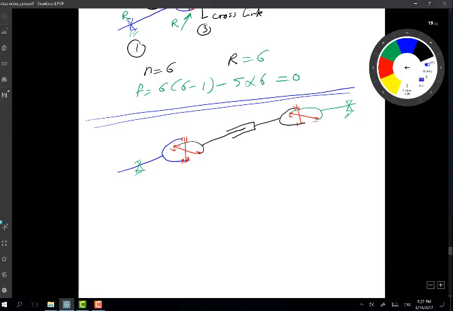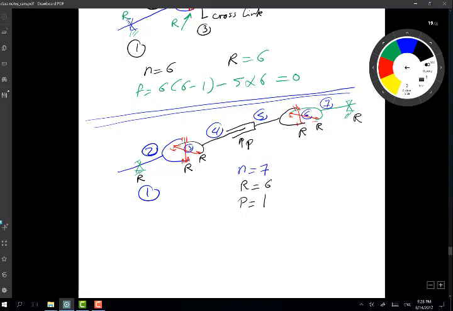Now when I go back to count, I have link number 1, 2, 3, 4, 5, 6, 7. So now n is equal to 7. And my revolute joints, I have one here, one here, one across, one here, one across, and one here. So I still have 6 revolute joints, but this time around I have a prismatic joint, which is this one here, and this makes all the difference.